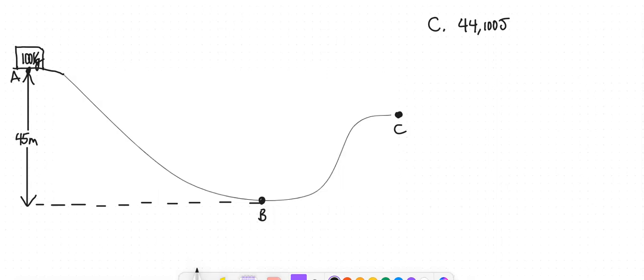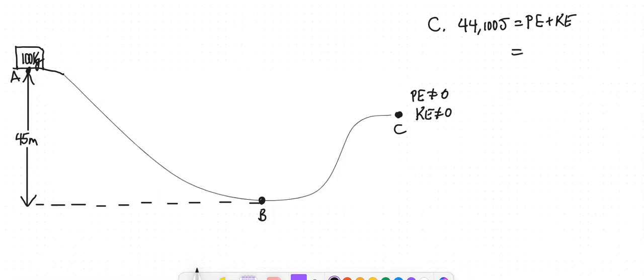But at C, potential energy is not zero. And kinetic energy is not zero. So we're going to have to add those both up together. So 44,100 joules should be equal to potential energy plus kinetic energy, where none of those is equal to zero.